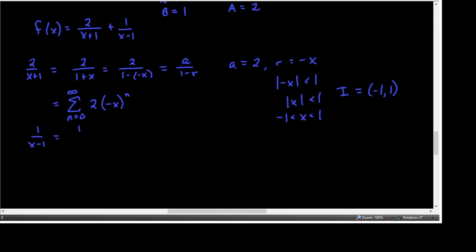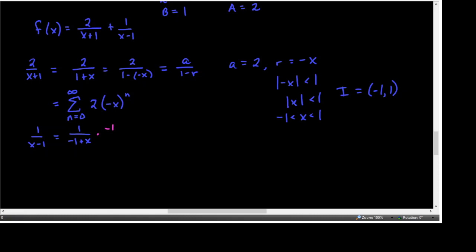Is the same thing as 1 over -1 plus x. I have two problems, and I actually get to take care of both of them at one time because of the way this is going to set up. That's supposed to be subtraction, and that has to be a positive 1 in the denominator.